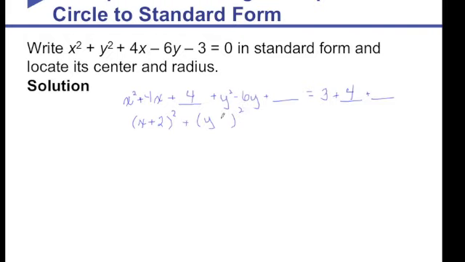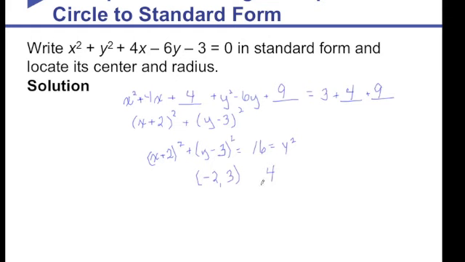Here's -6, so half of -6 is -3, and -3 squared is 9. So I have x plus 2, the quantity squared, plus y minus 3, the quantity squared, equals 3 plus 4 plus 9, which is 16, which of course is 4 squared. So my center is at (-2, 3), and the radius is 4.